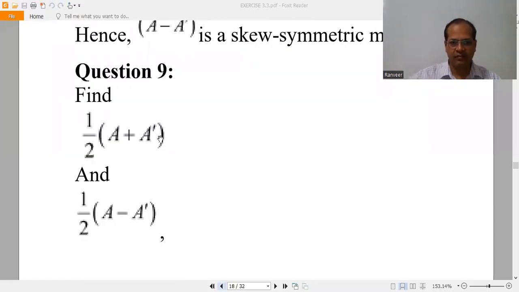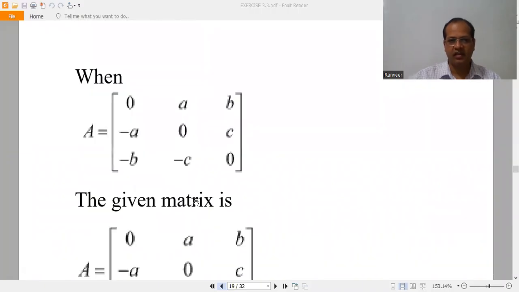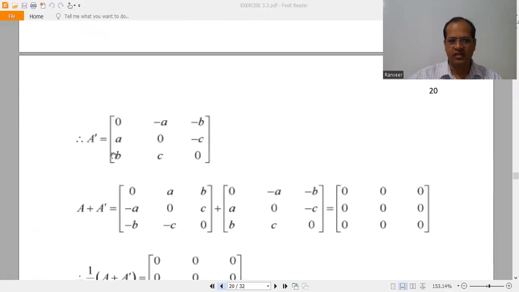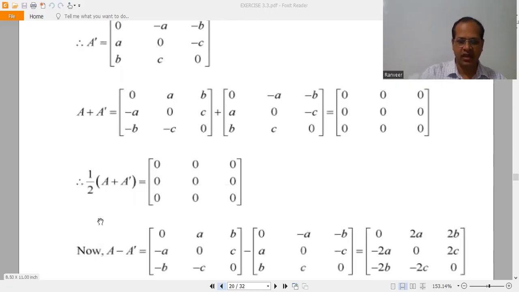Find half of A plus A transpose and half of A minus A transpose. This is the given matrix. So A is this, and the transpose of this value is this. After adding A plus A transpose, we add these two matrices and get this value.